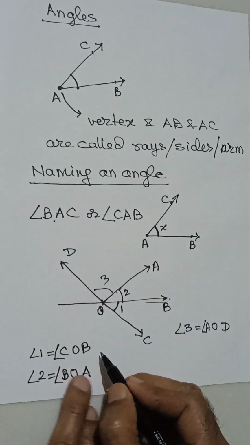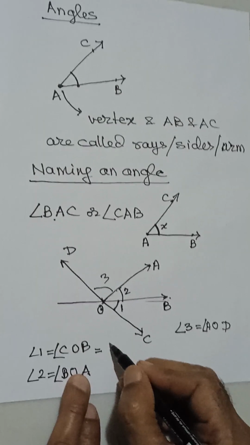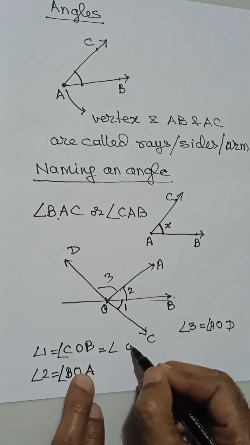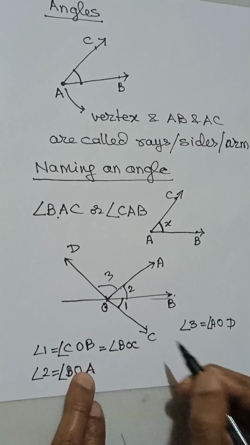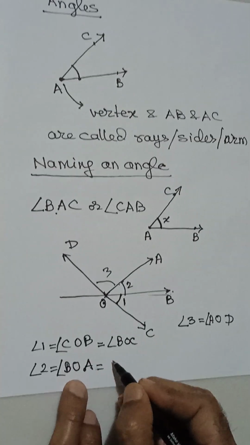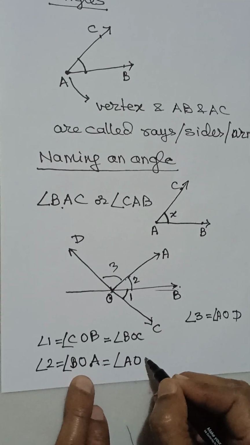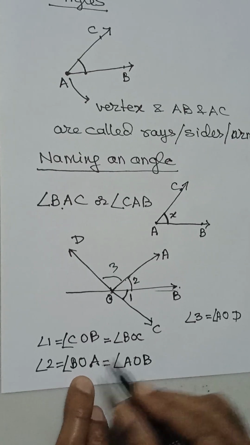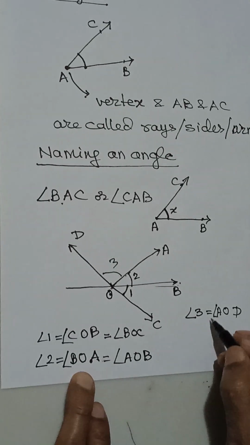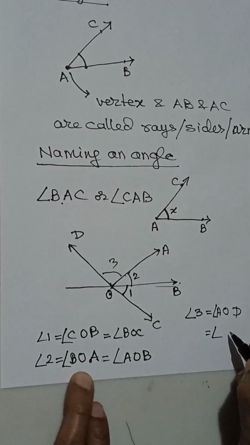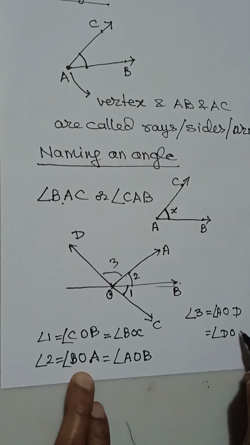Angle 1 we can also write as angle BOC, with O in the middle. Here we can write A and B reversed, no problem. Similarly, angle 3 can be written as angle DOA.